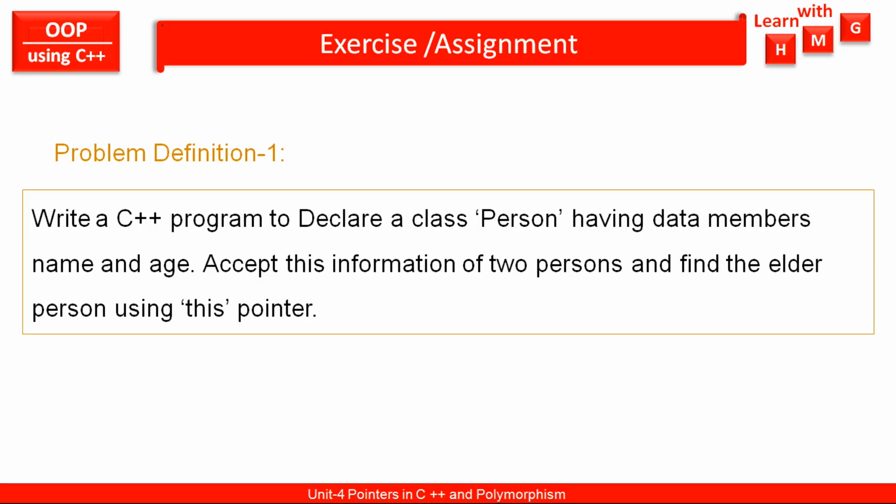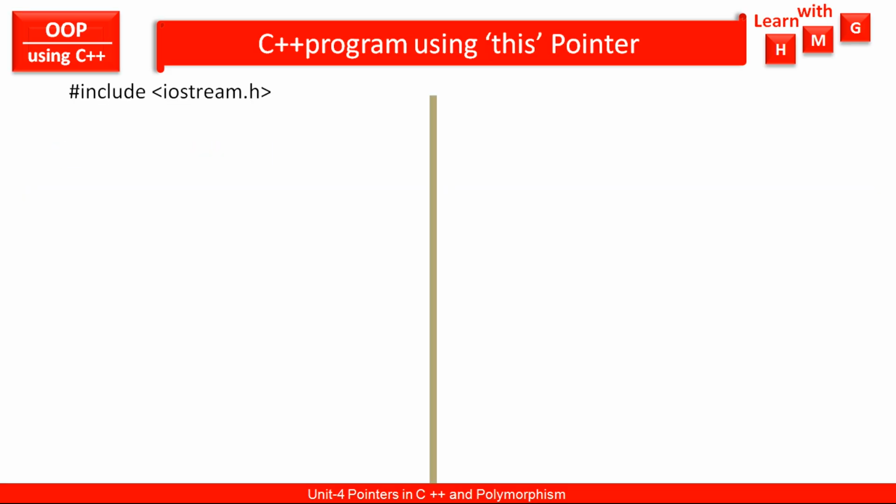You have to accept this information of two persons and find the elder person using this pointer. Elder person means the person whose age is greater. So two person names and two ages will be there, and you have to compare the age of two persons to return the elder person. Let us start writing a C++ program.